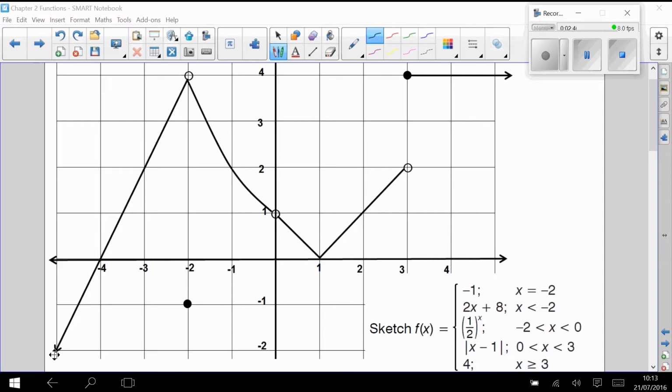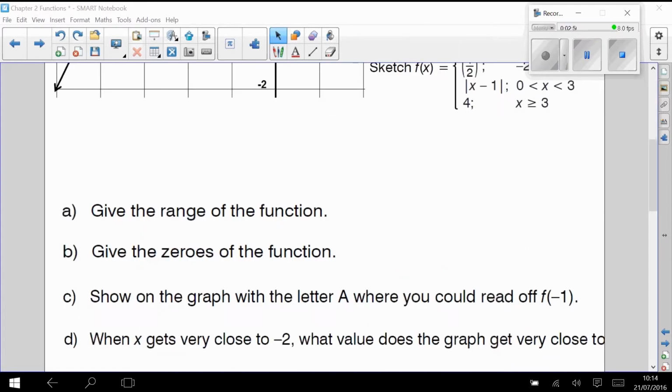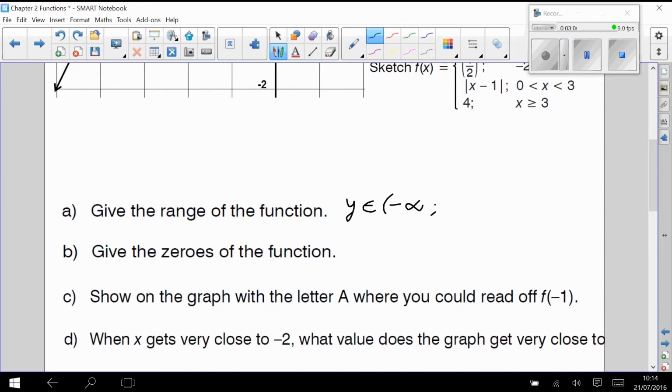So if we fill in that answer, it's going to look as follows. Remember, when I do the range, I use my y values, and so we're going to say that y could have been an element starting at negative infinity and going all the way up till 4. As I drew the line when y was 4, 4 is an included value.